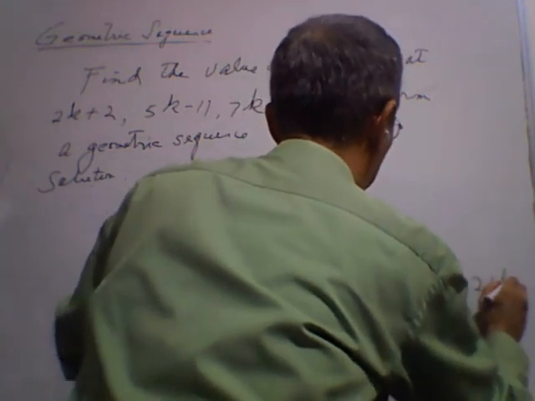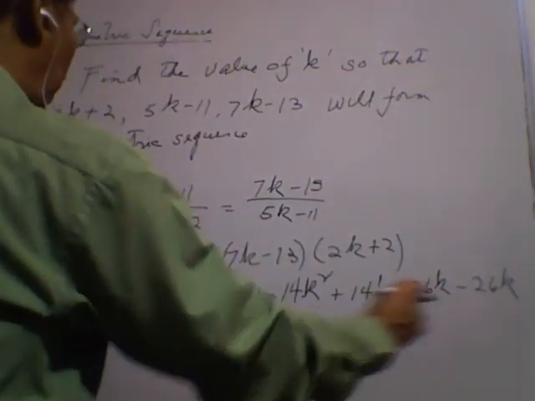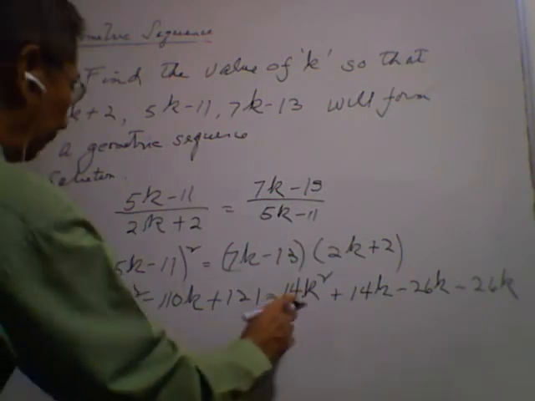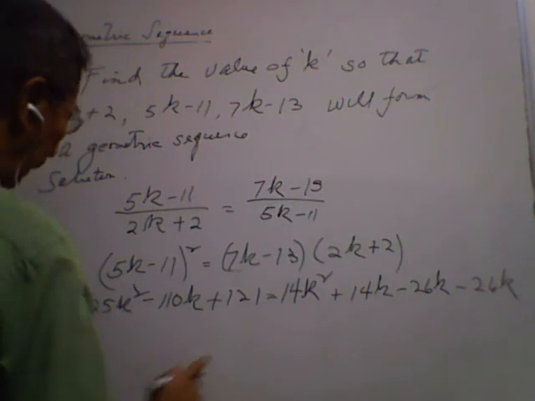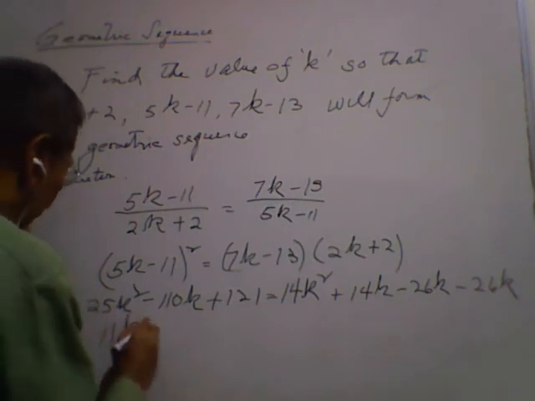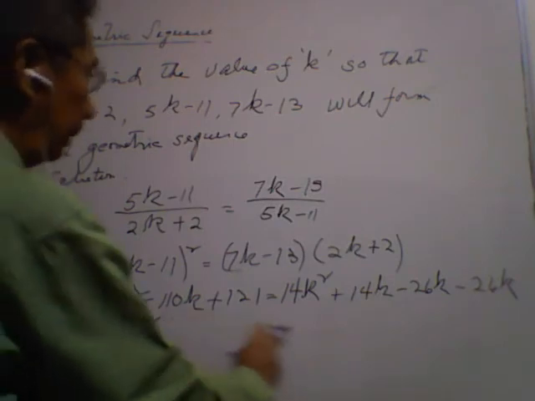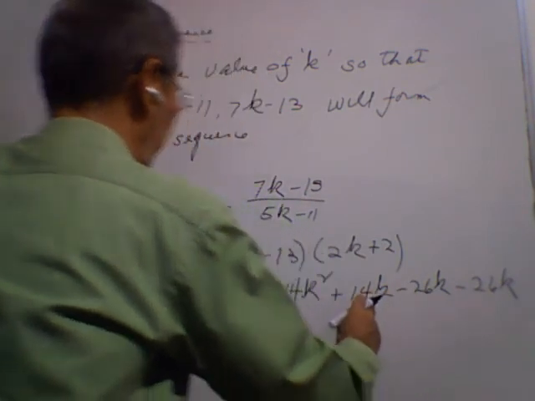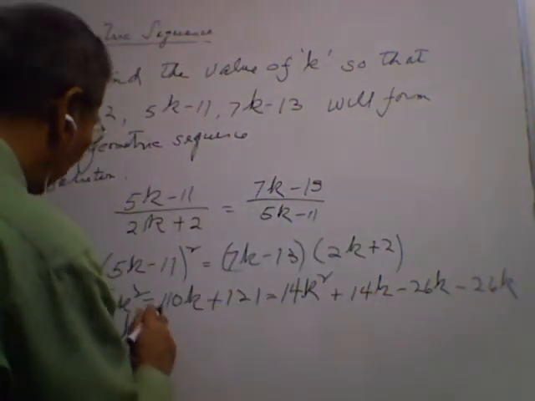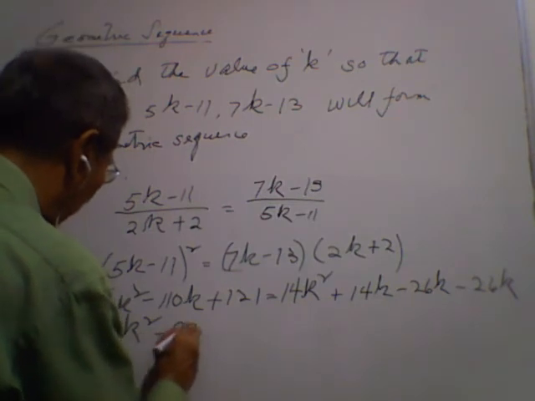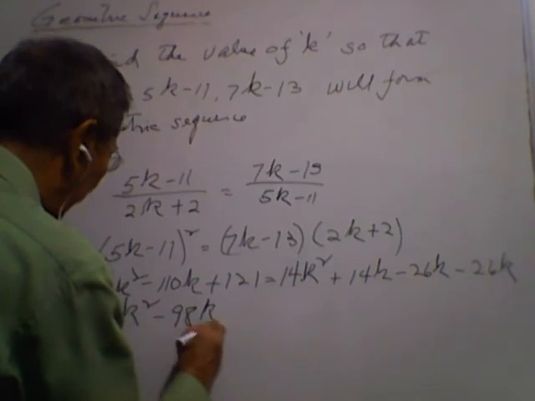So we have to combine all the terms here on one side of the equation. So by combining, we have here 25k squared minus 14k squared is equal to 11k squared. Then the k terms: minus 110k, and 26 minus 14 is 12, that will become equal to 98k.